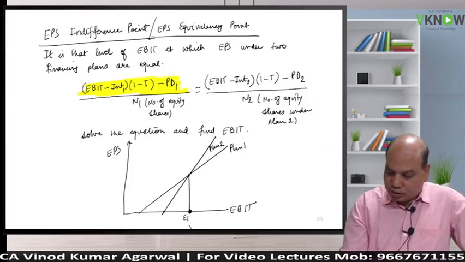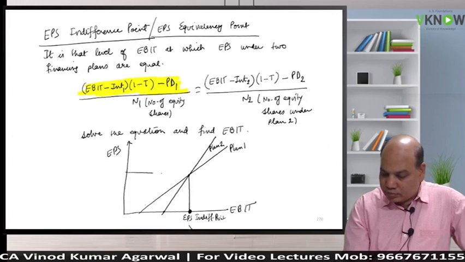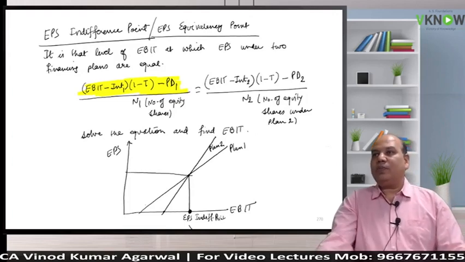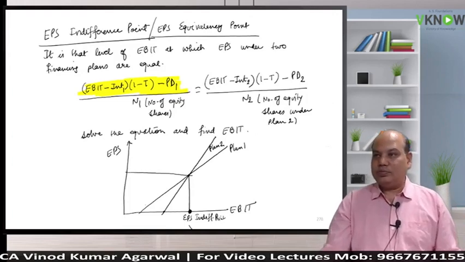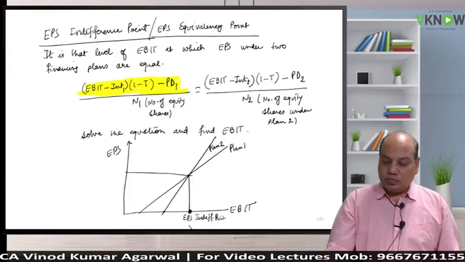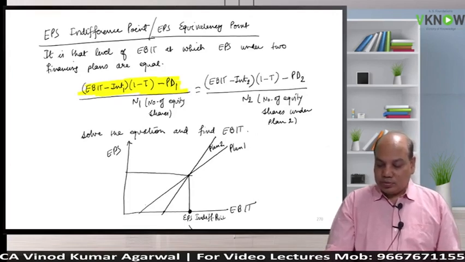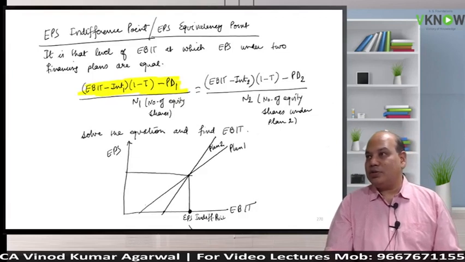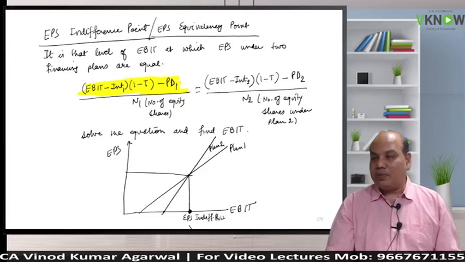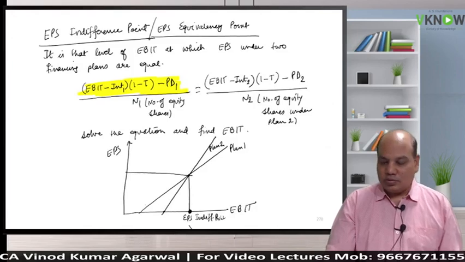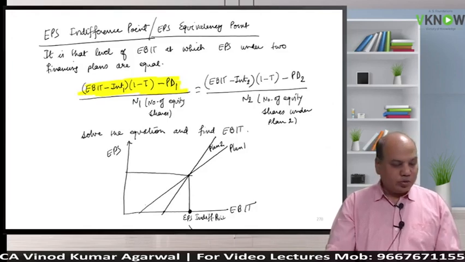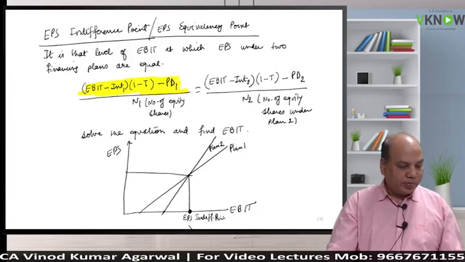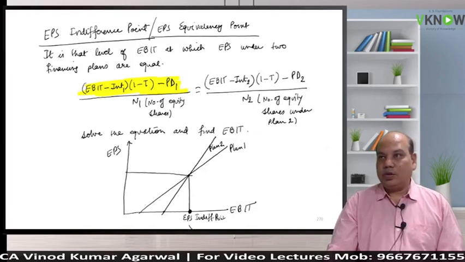So this is your EPS indifference point, where EPS under plan 1 and plan 2 are equal. Below this point, plan 1 will have higher EPS, above this point, in our example, plan 2 will have higher EPS. So when they ask you a theory question, it is better to draw the diagram.